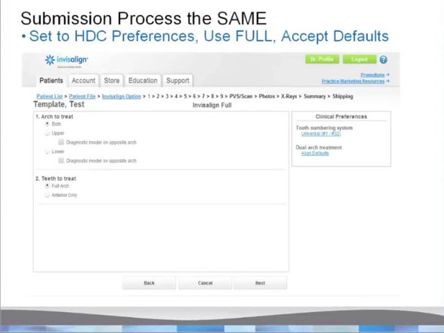And with the presentation today, you will be able to actually download the document that lists the recommended preferences. So I recommend that you go in and as soon as you finish the presentation, change your preferences so they match the recommended preferences so you get maximum consistency in using the templates. And you'll be using Invisalign Full or Invisalign Teen going forward for your cases.